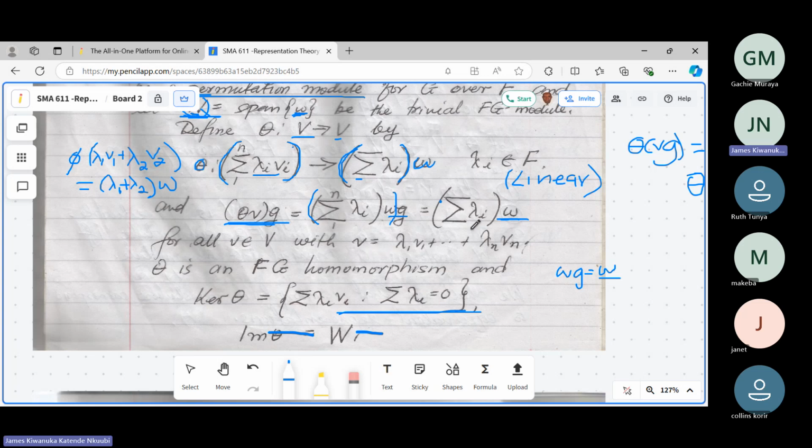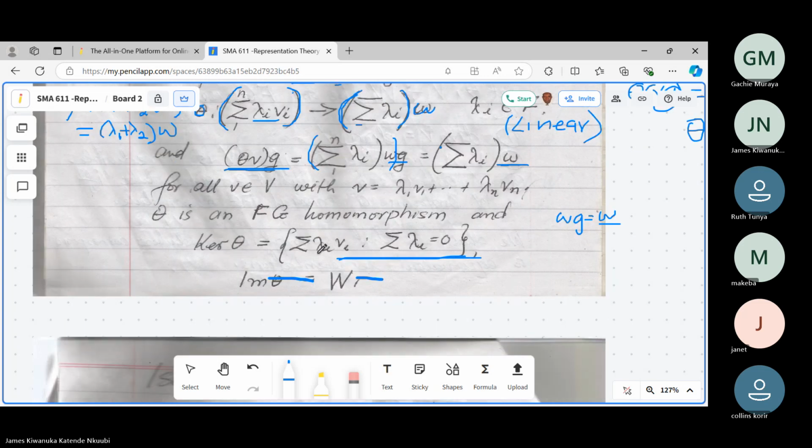So if you want to get a kernel, you need to find all vectors in V which are mapped onto 0.